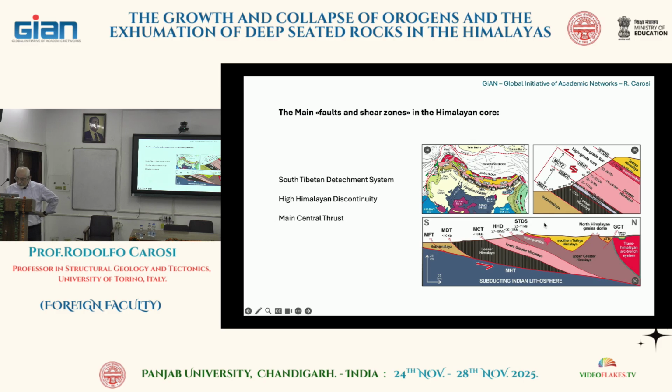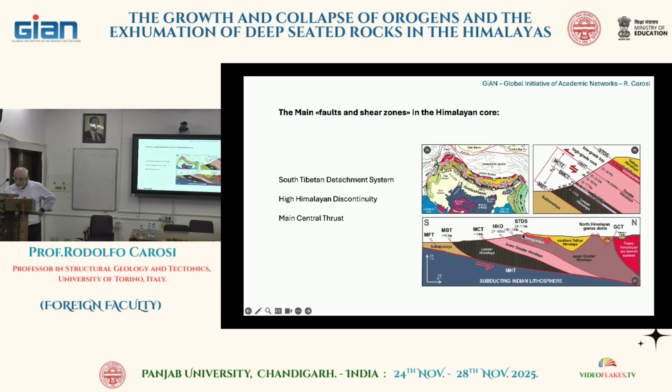Okay, there are more or less also the ages of these shear zones: 25 up to 11 million years for the South Tibetan detachment, the high Himalayan discontinuity between 27, 28 and 16, 17 million years, the main central thrust less than 16 million years, then the main boundary thrust younger than 10 million years.